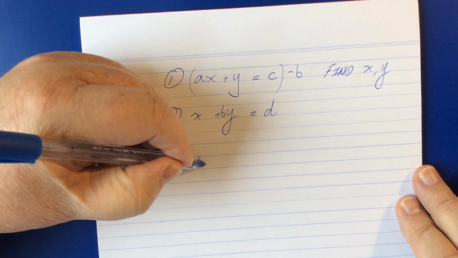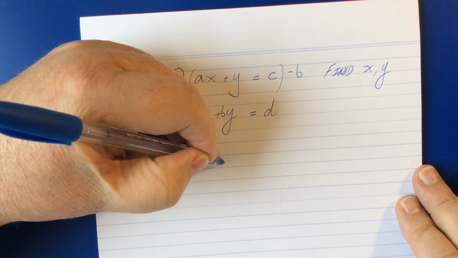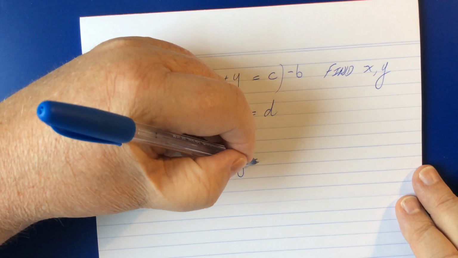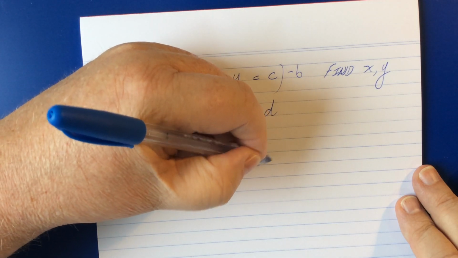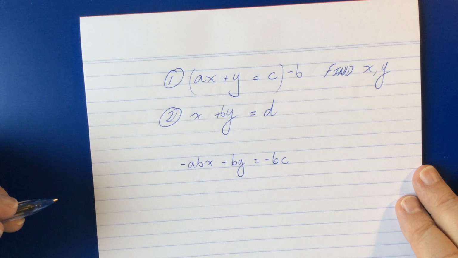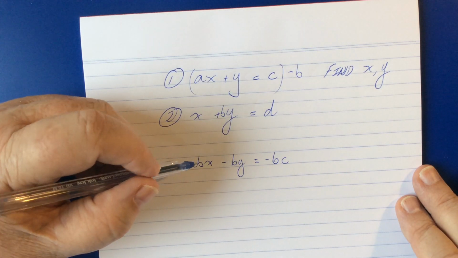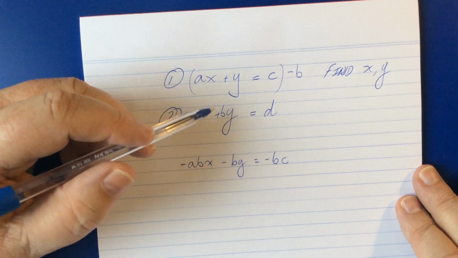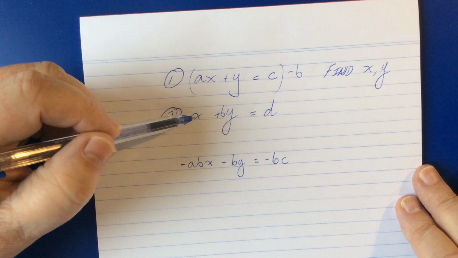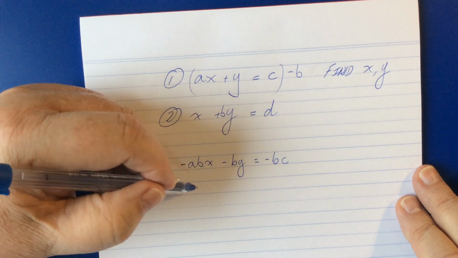Negative abx minus by equals negative bc. Okay, now we're going to use this to add to this.